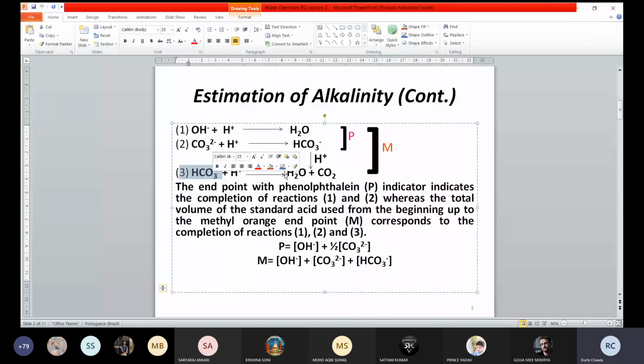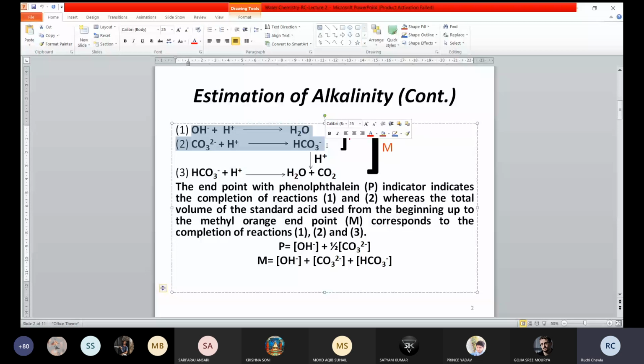Now the principle says that the phenolphthalein indicator can mark or indicate the completion of the first two reactions only. That is the complete neutralization of hydroxide ions and the half neutralization of carbonate ions. So phenolphthalein can indicate or mark the completion of these two reactions only.